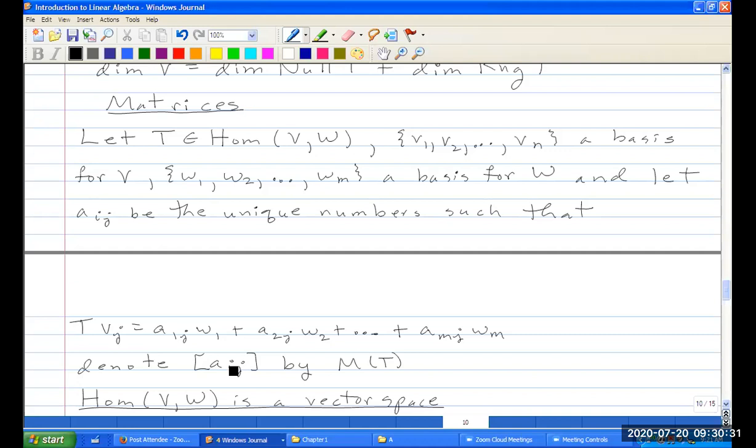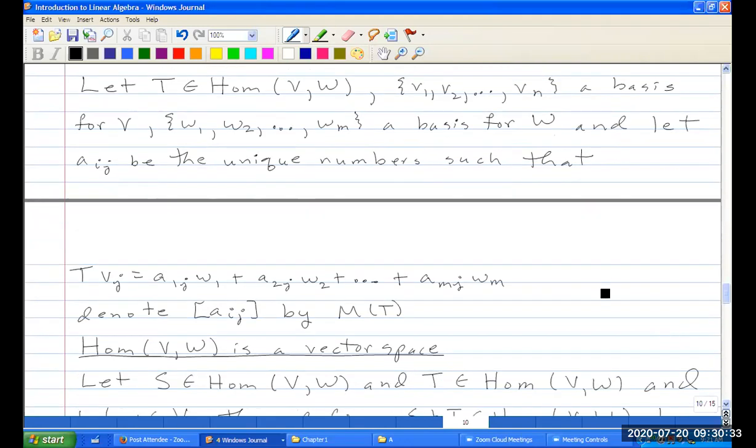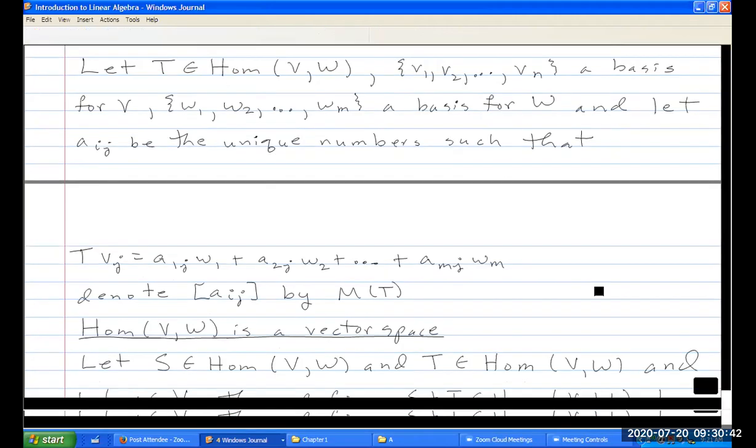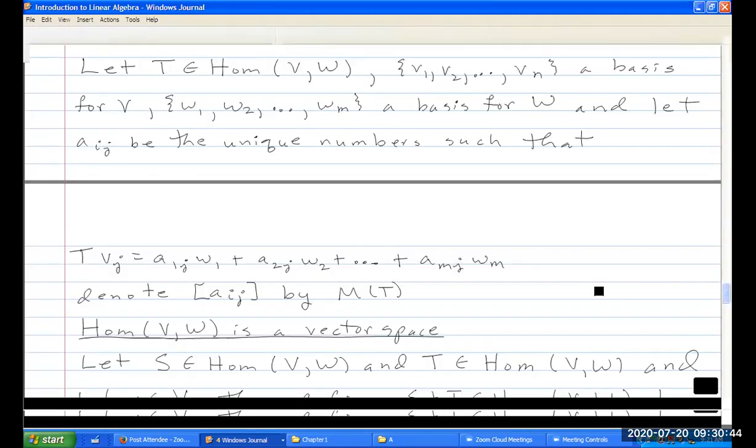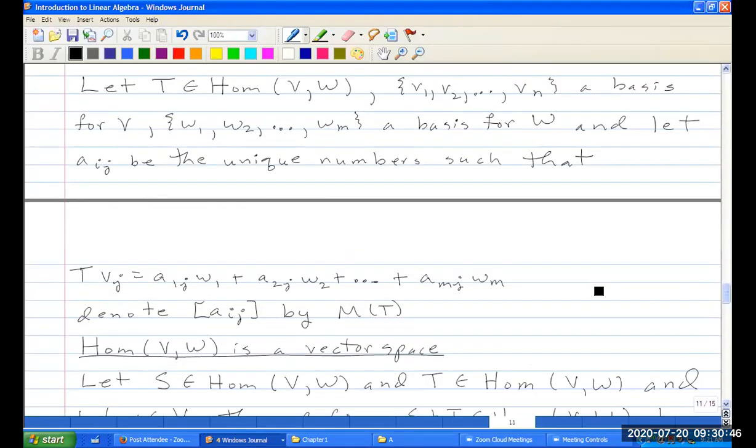So that then gives you the algebra of matrices. From this, we will get an algebra of matrices. The set of linear transformations will be a vector space.